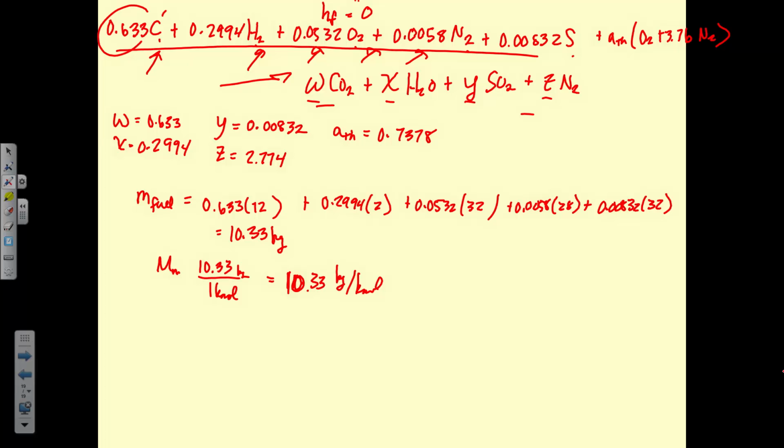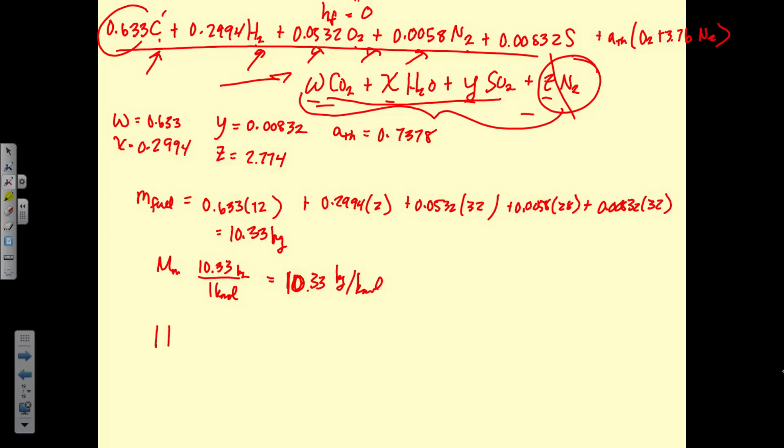And in this table, we can see that they would all be 0. Sulfur's not listed, but it's also 0. So we just need to look at the enthalpy of formation for these products. But again, we have nitrogen here, so we don't have to worry about that one either. So we'll simply look at the enthalpy of combustion for these three terms, carbon dioxide, water, and sulfur dioxide.